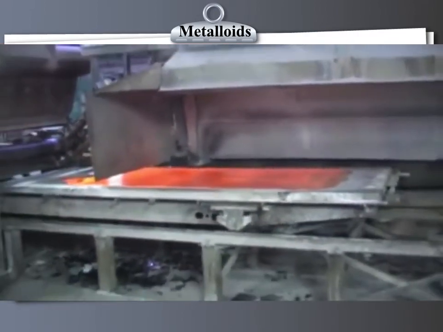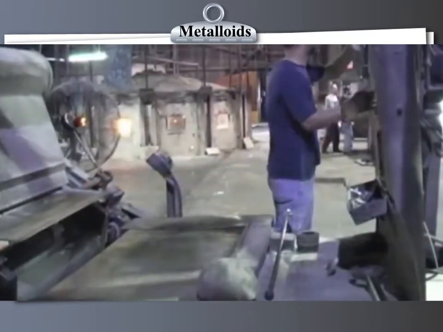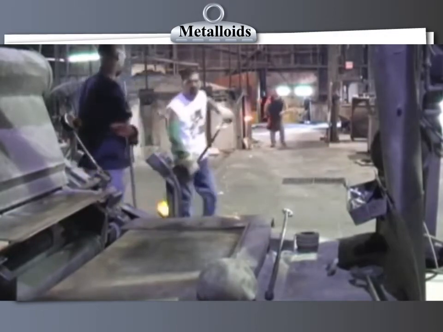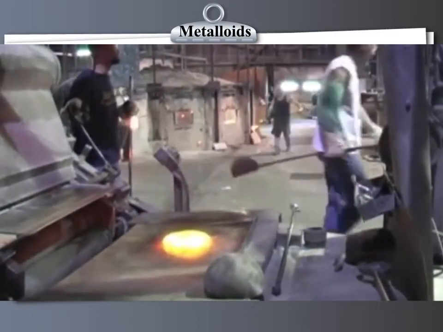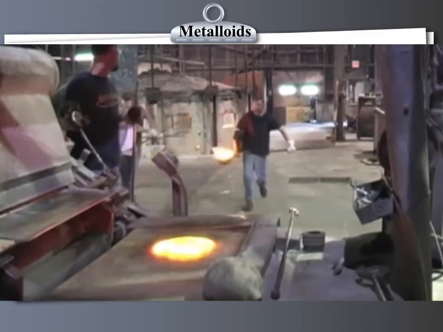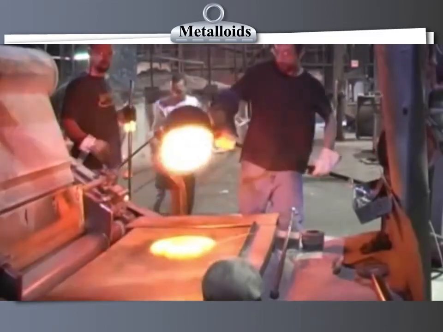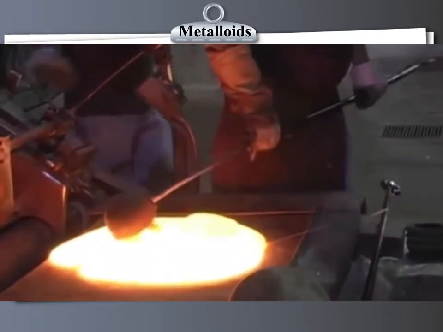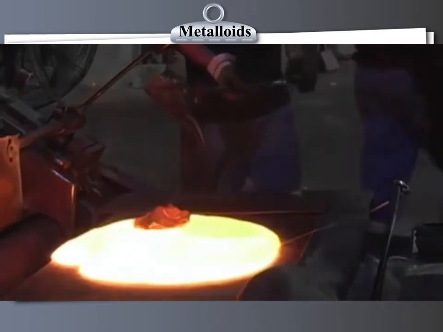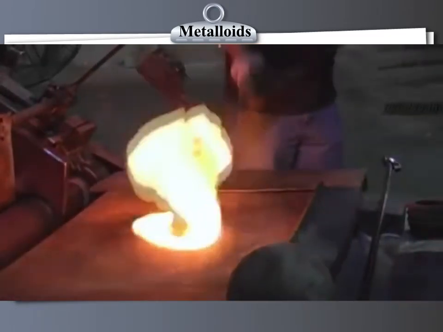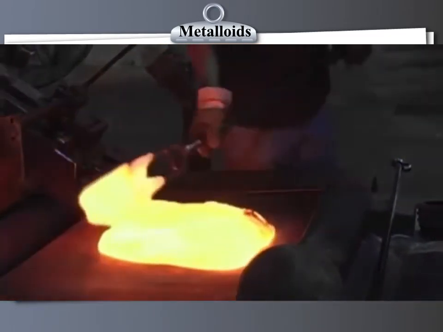Tableman will ring his bell approximately every minute and a half to let the ladlers know it is time for that next sheet of glass. The heavy steel mixing table is cooled by water inside.